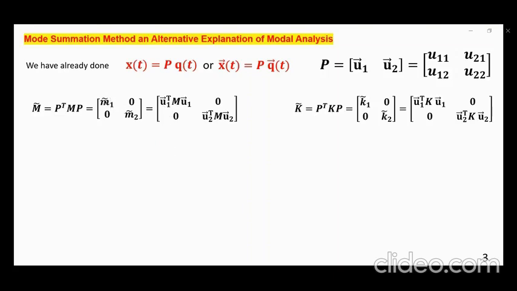In fact, M1 tilde is just the mode shape transpose, times M, times the mode shape: U1 transpose M U1. And this M2 tilde is U2 transpose M U2. These are just numbers. And these numbers are not necessarily the same as the original mass 1 and mass 2 that we have.